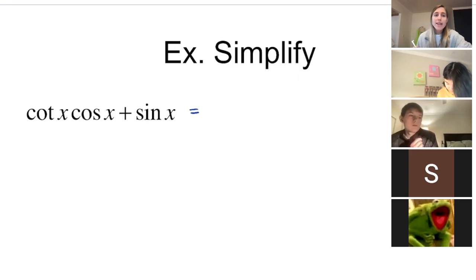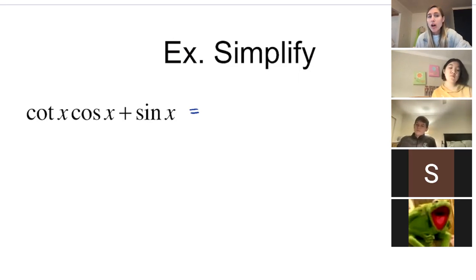Looking at this expression, there's a sine and a cosine in there, but there's also a cotangent. I don't see any Pythagorean identity that I could use, and even-odd identities wouldn't really apply here. But we could rewrite cotangent in terms of sine and cosine.